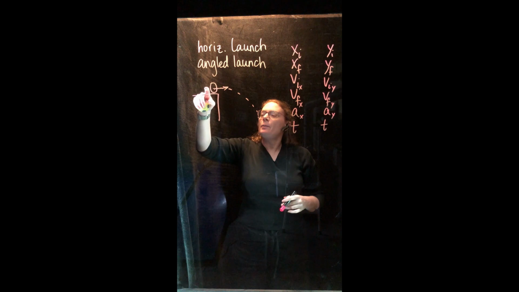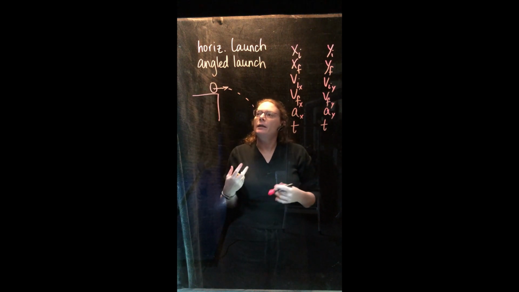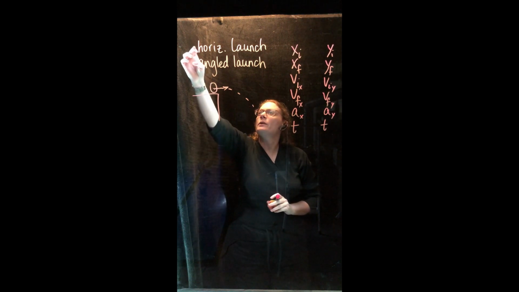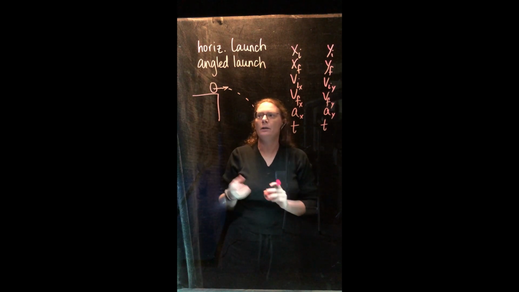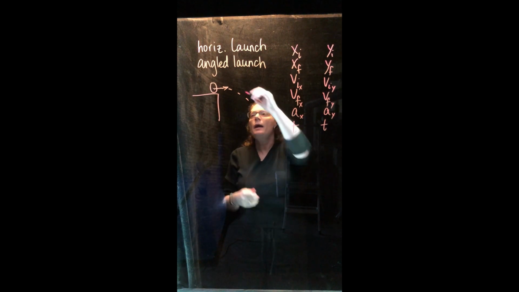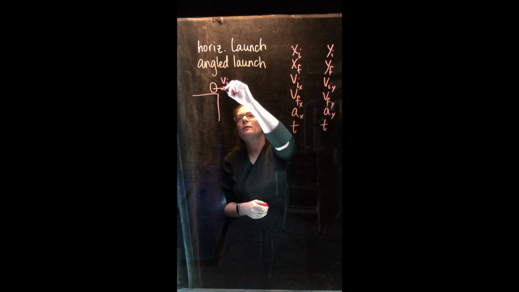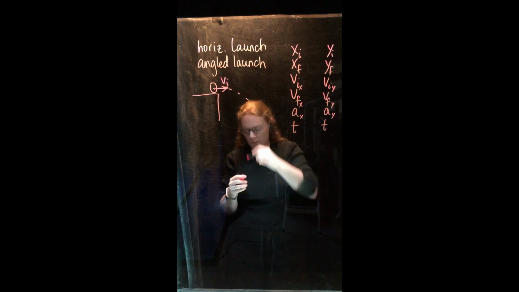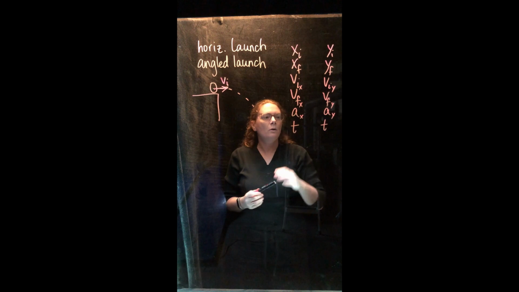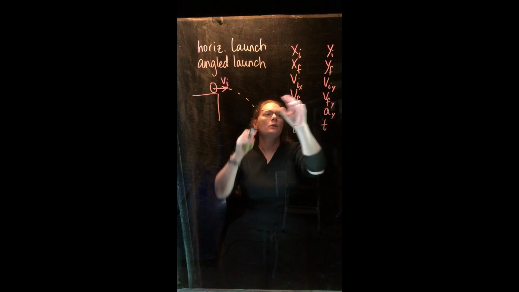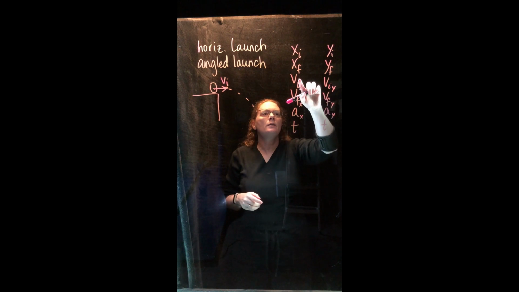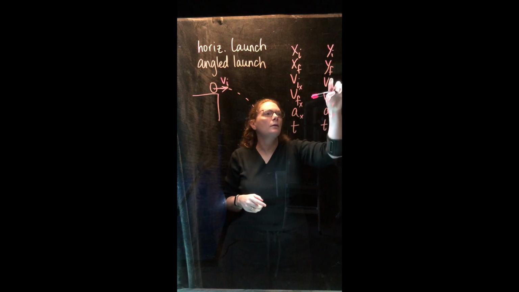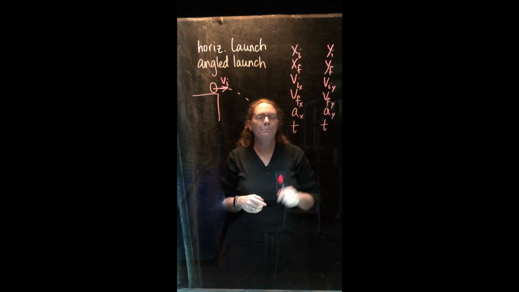So what's special about a horizontal launch that would make it easier? Well, we're distinguishing horizontal from angle. There's something about direction, clearly. We have an initial velocity going this way, horizontally. So initial velocity is these two pieces right here: the initial velocity horizontally in the x direction and the initial velocity vertically.